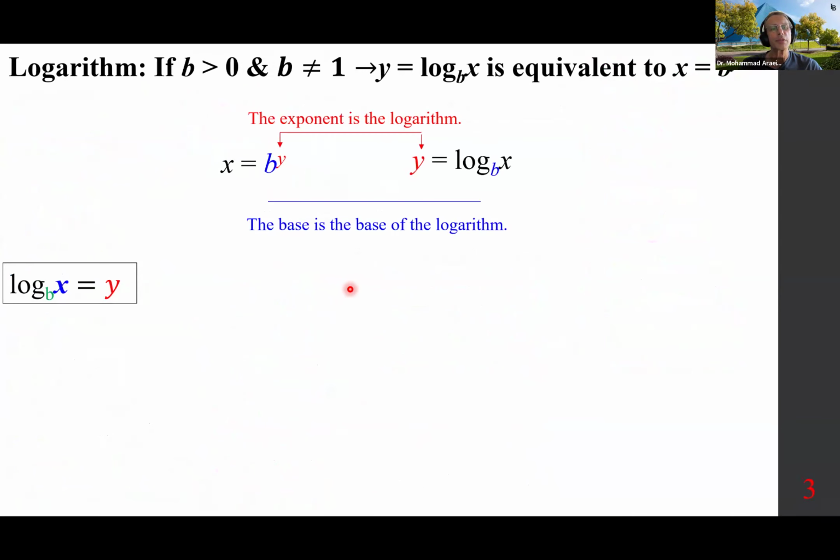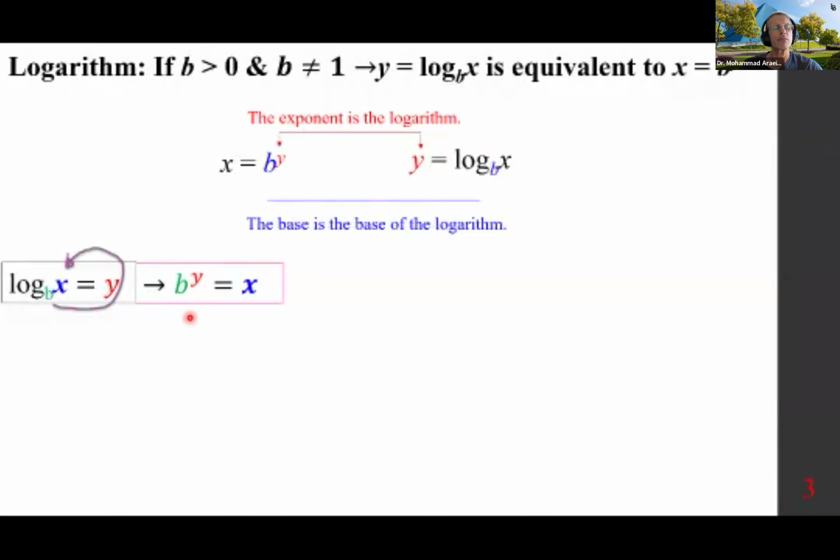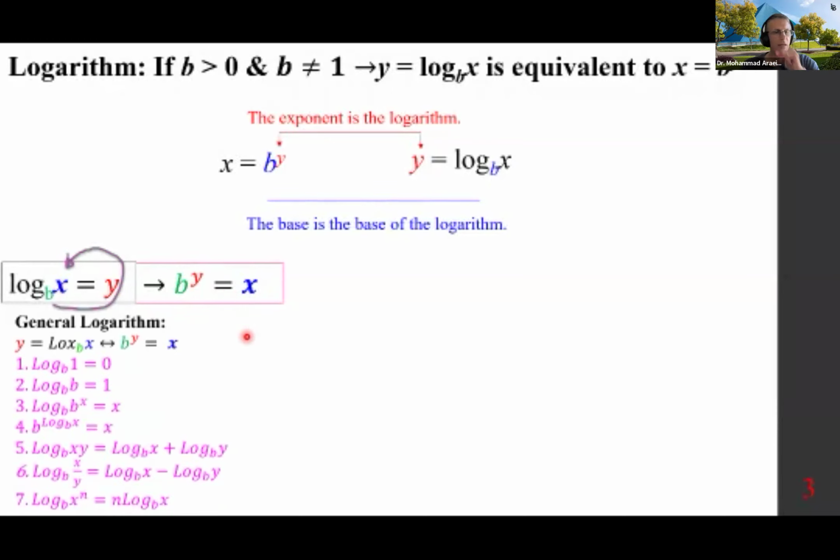Logarithmic properties, if we look at this box and then this arrow, which means b to the power of y equals x, so the base is the same for both of them. The exponent is y here, the same as here. The argument becomes x. Then we can follow these properties by understanding the concept of this arrow.